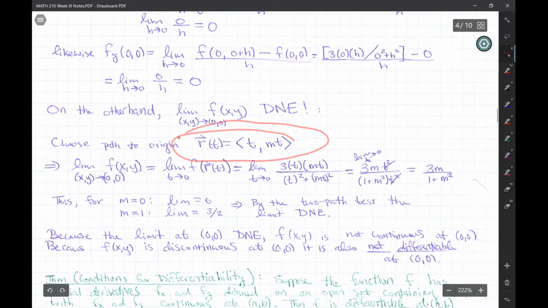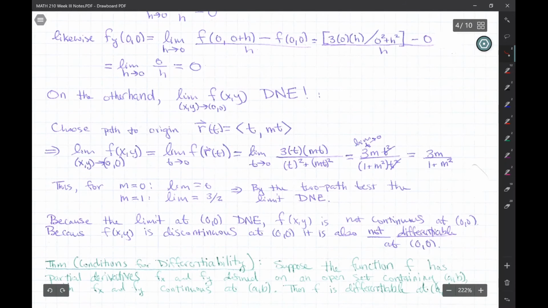We're going to take paths with basically lines of slope m. And we plug in those paths, take the limit as t goes to 0 so that we get to the origin, and we get this expression here. We could try this for two different m's: m equals 0, which just basically means that you're approaching along the x-axis, and m equals 1, you're approaching along the line y equals x. On the one hand, one limit gives us 0, the other limit gives us 3/2.